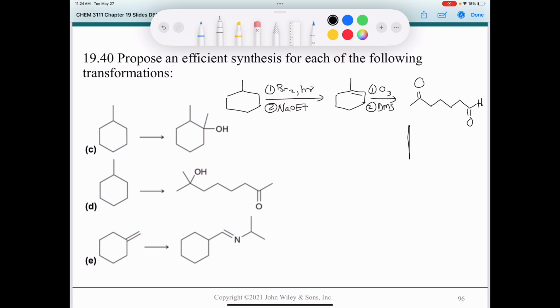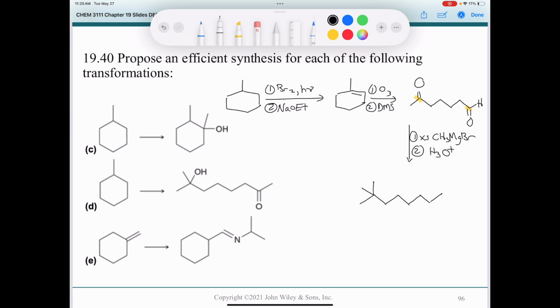Then now we need to do a Grignard reaction here and here. So I'm just going to write excess methyl magnesium bromide followed by H3O plus. And then I'm going to have 1, 2, 3, 4, 5, 6, 7, 8, 9 carbons.